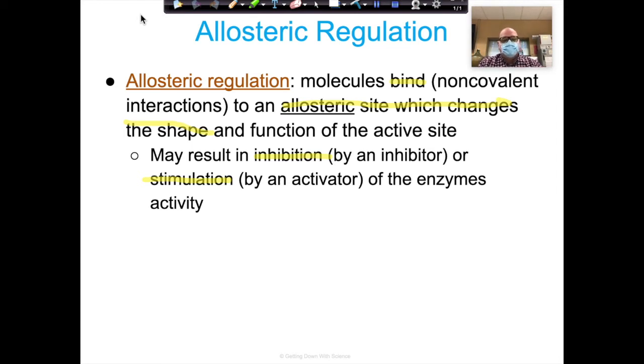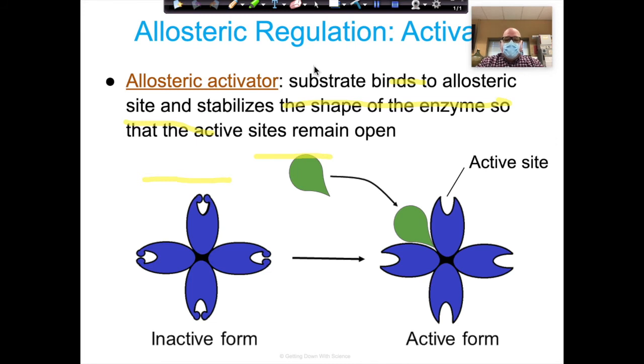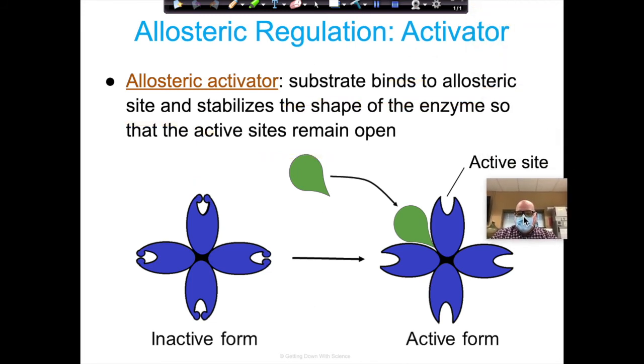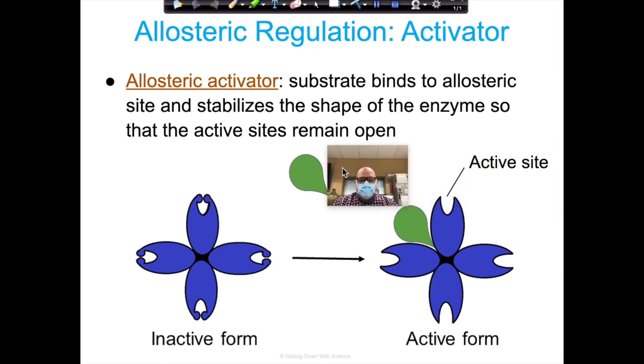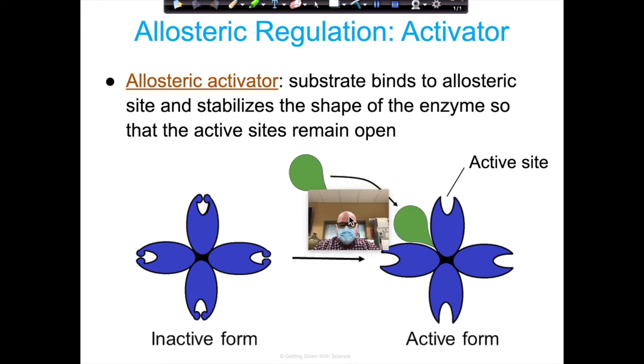Let's take a look. Here we have our four-leaf clover shaped one. And you can kind of see that it's inactive. These little things are pinched close on the tips of these leaves of the clover. But once this teardrop thingy right here shows up, it bonds into this site right here.